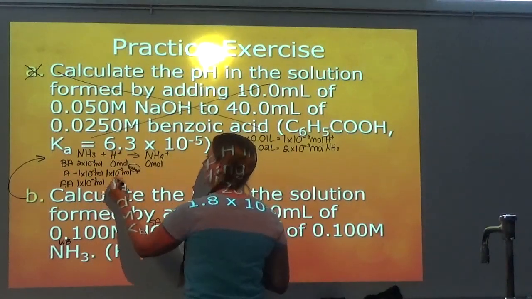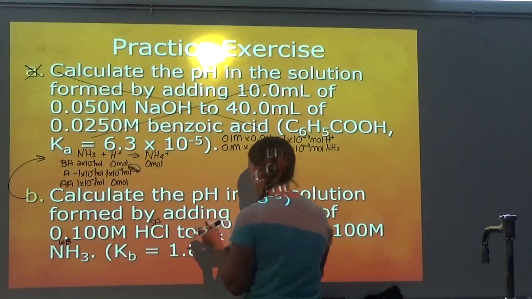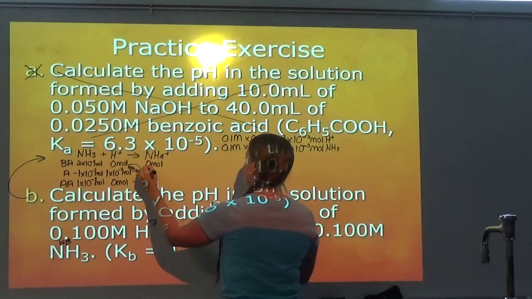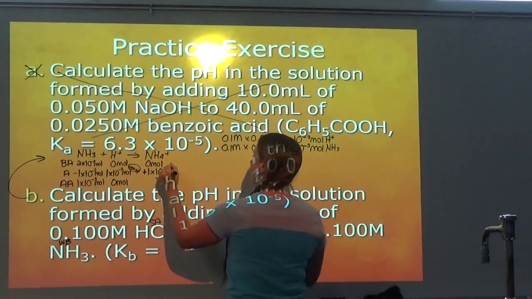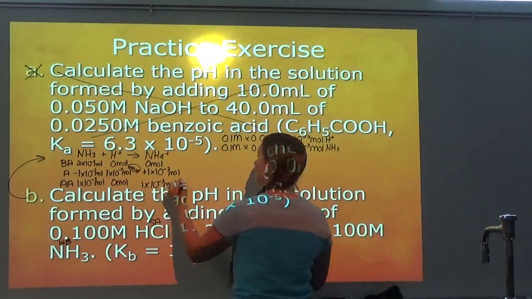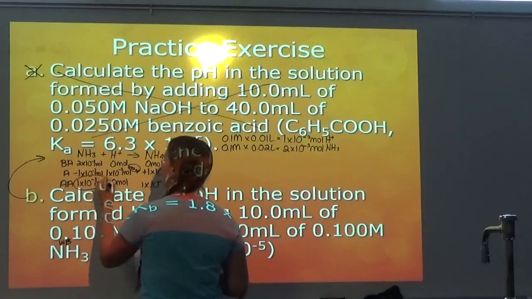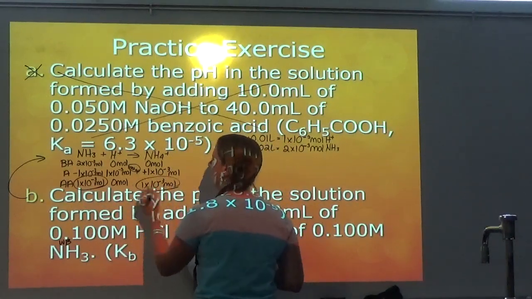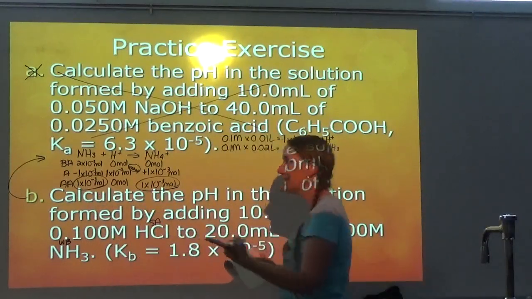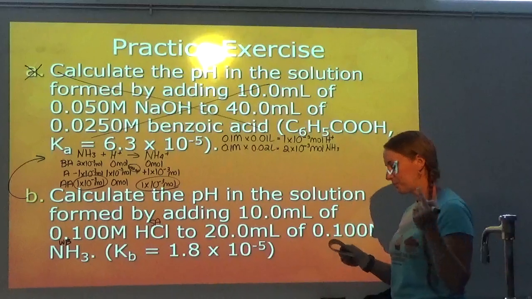Since my H plus is used up, I have 0 moles left at the end. And then for my NH4 plus, we add that addition to it, so it also becomes 1 times 10 to the negative 3 moles. So if I look, I have a weak base and a conjugate acid, so I have a buffer.